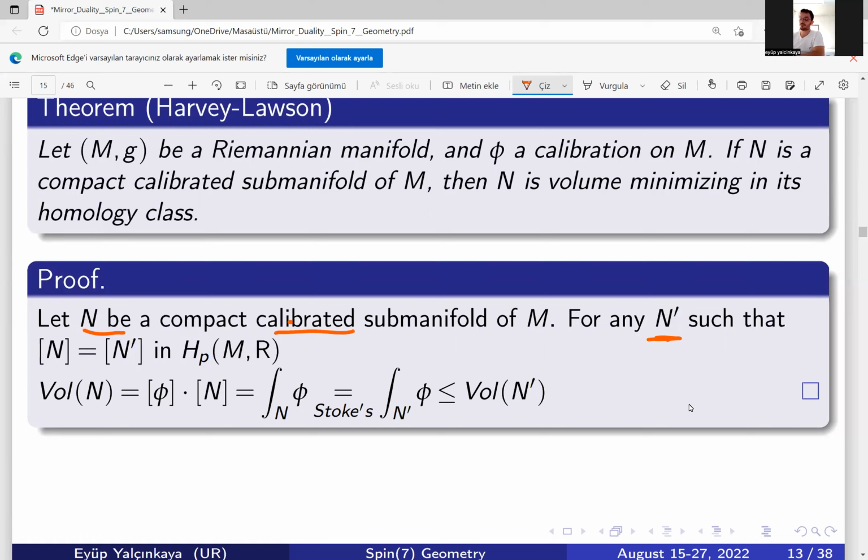Okay, so we know that the volume of N you can calculate from phi restricted to N. We can find the volume of N here, and Stokes theorem says that if they are equal, I mean, there's no boundary. You can think about that.